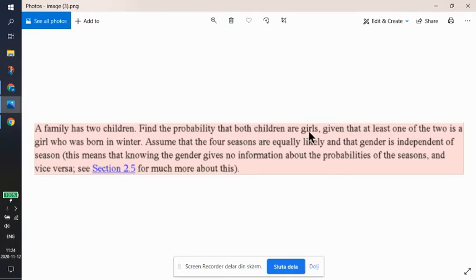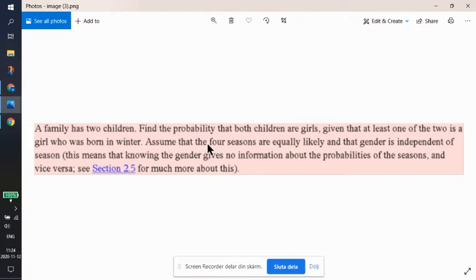However, this calculation is based on the given information that at least one of the two children is a girl who was born in winter. And as we would expect, this is stated here for completeness, but it's what we would assume anyway if the question didn't say it.